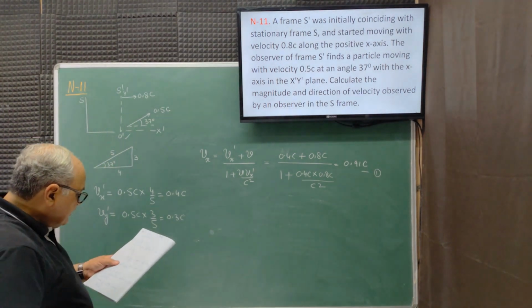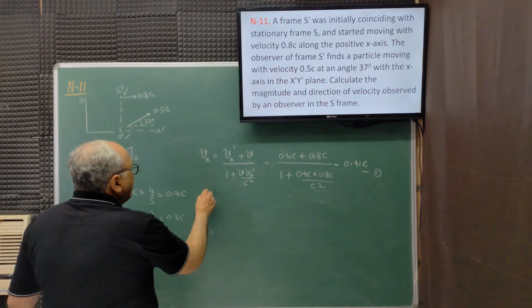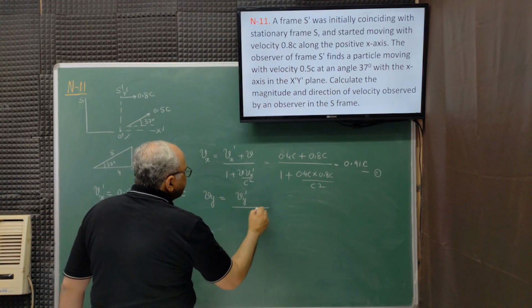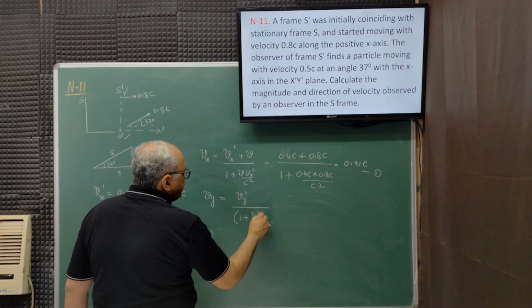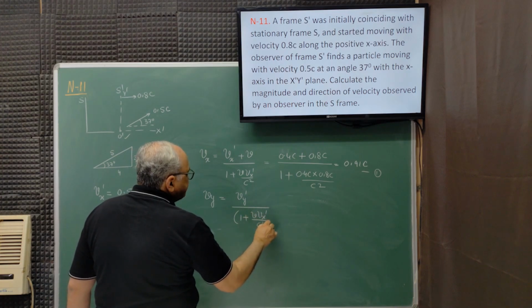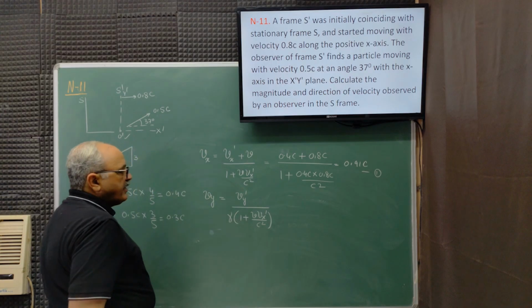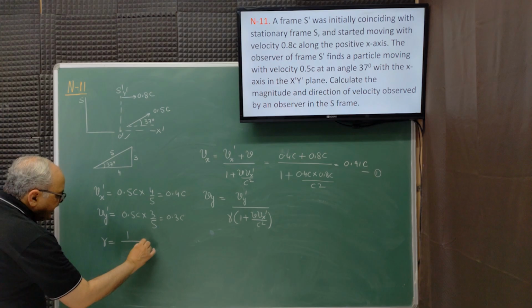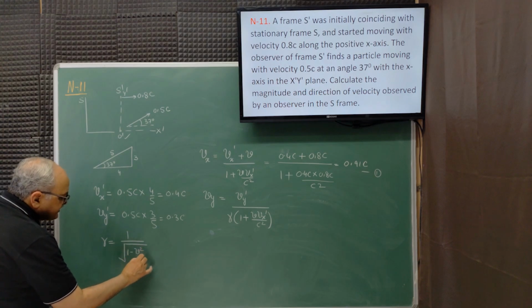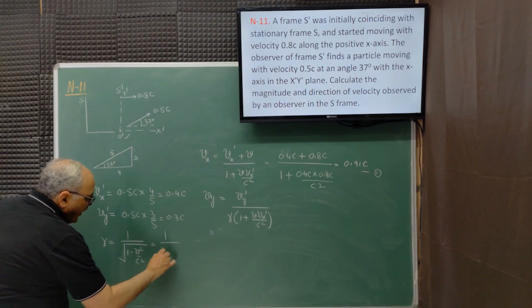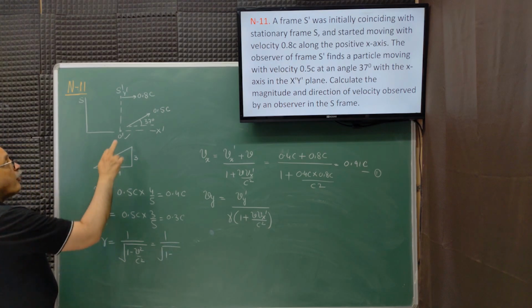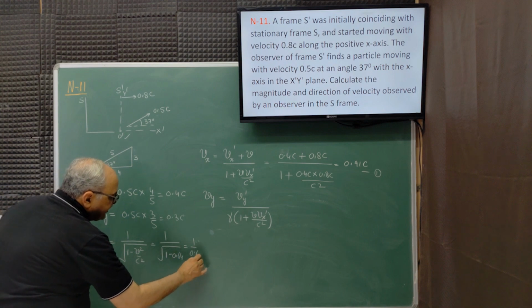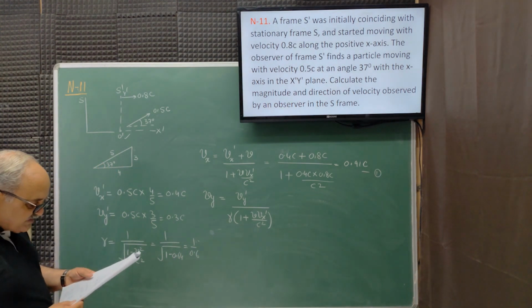Similarly, we can go for the y component. From the inverse transformation equation, vy equals vy dash divided by gamma times (1 plus v vx dash divided by c square). To calculate gamma, 1 divided by the square root of 1 minus v square by c square, that is 1 minus 0.8 square, which gives 0.64, so the square root is 0.6 and gamma is 1.6.